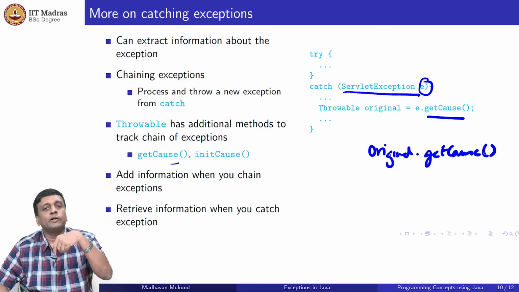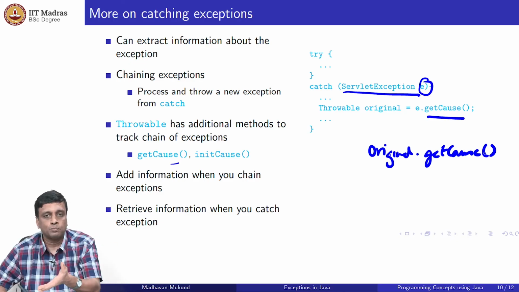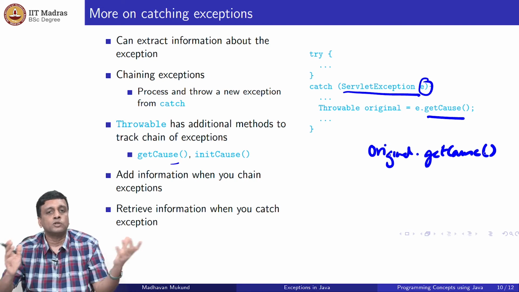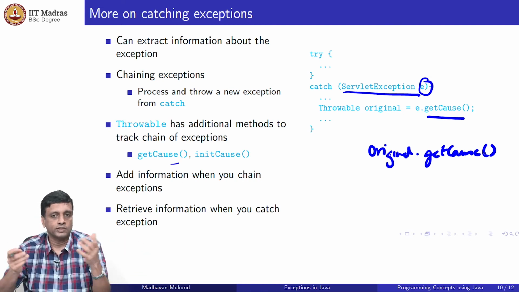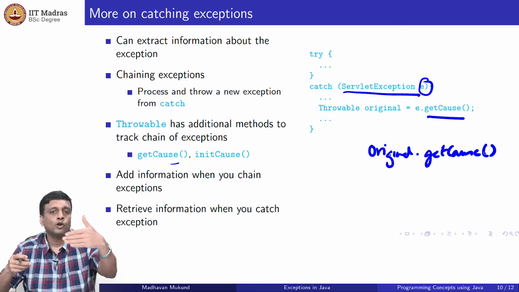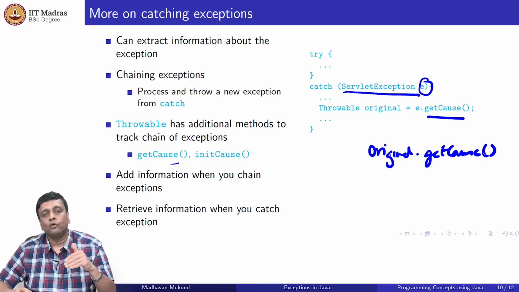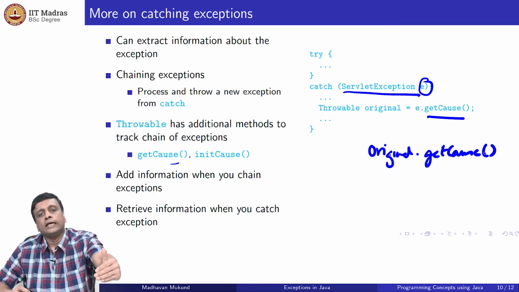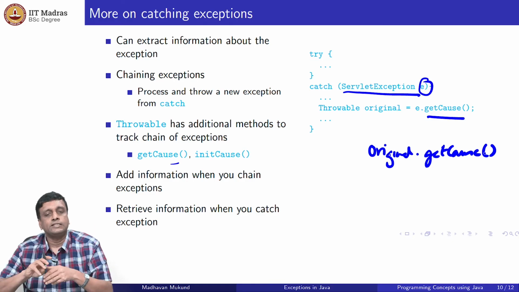Eventually, when you get to the bottommost error, getCause will be null. When you find that getCause is null, you know that this was the original error, the source of all the errors, but until then you can keep following. It's like following links in a linked list. You can keep going getCause, getCause, getCause until you hit null, so you get all the errors on the chain that generated this error. So this is chaining errors.